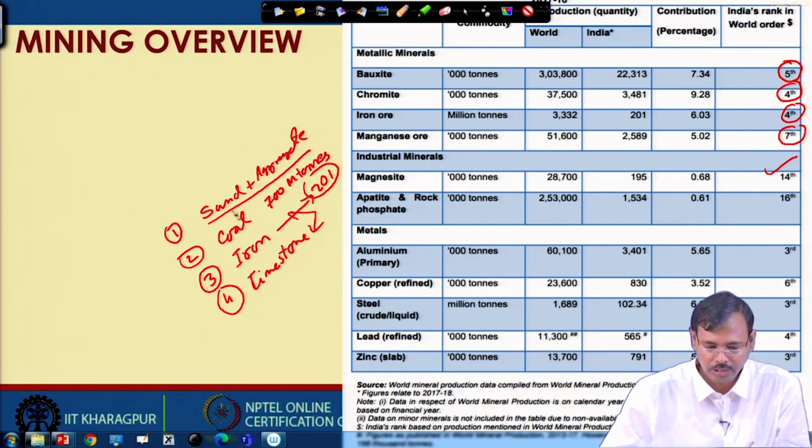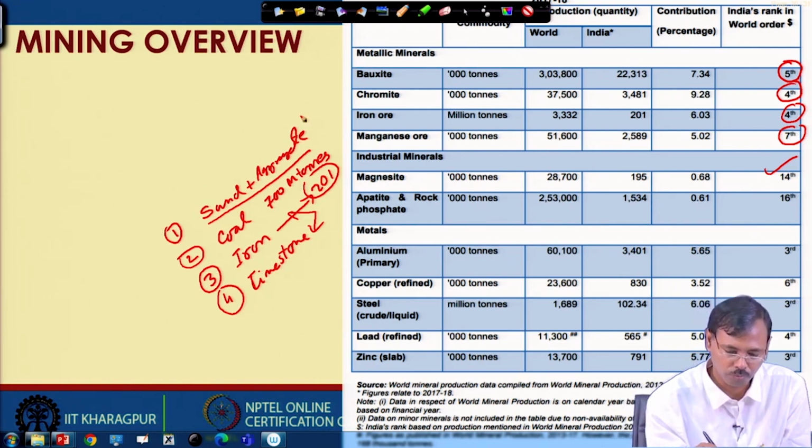So, this is the ranking of India's production of the different minerals produced in India. This is almost greater than 1000 million tons.